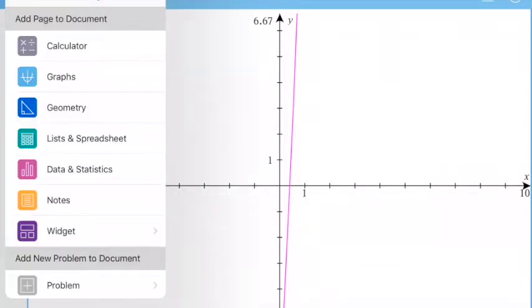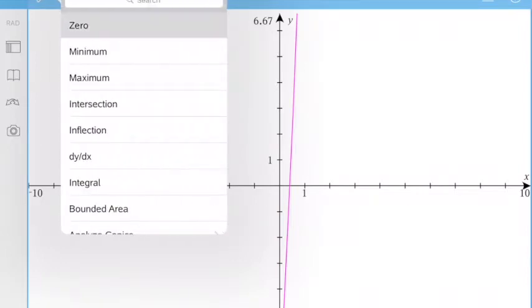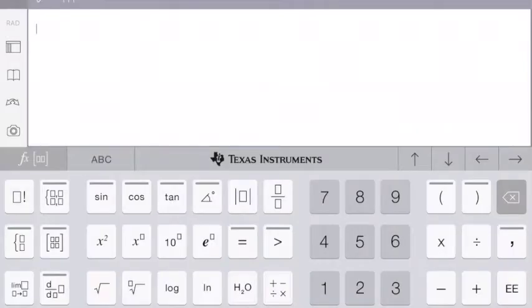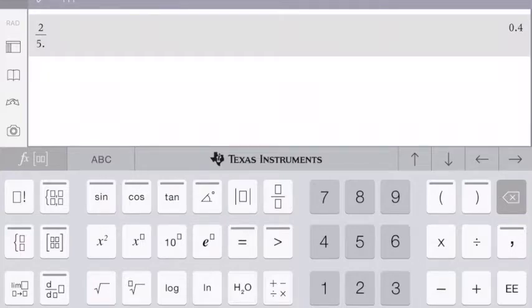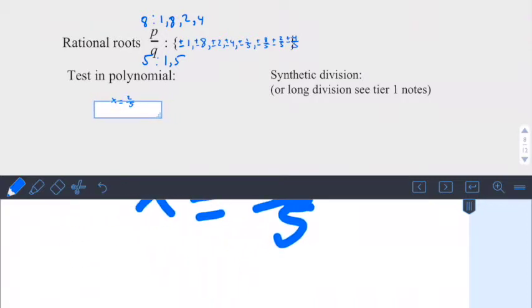And I can actually zero in on it using my menu and find the zeros. 0.4. Well, we know that 2/5 is 0.4, so that's going to be the root that I'm going to divide out. So how do I write this as a factor? Well, I could say x minus 2/5.